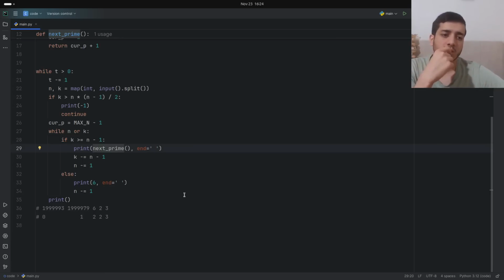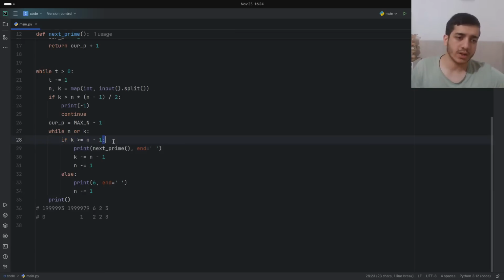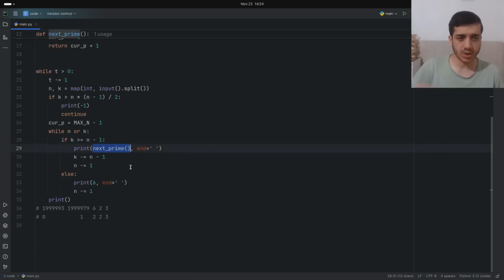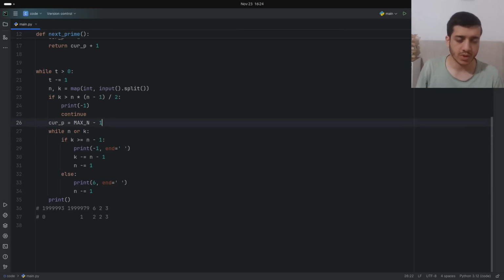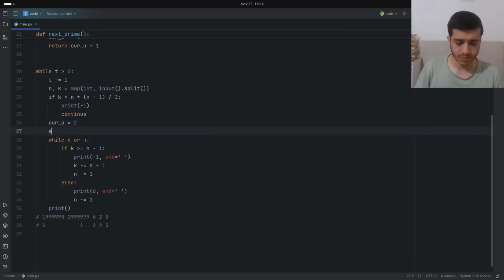So if this case fails, so k is less than n minus 1, and this goes and finally it stops somewhere. Okay, let's fill it with -1, then set it to, oh, it can't be done.